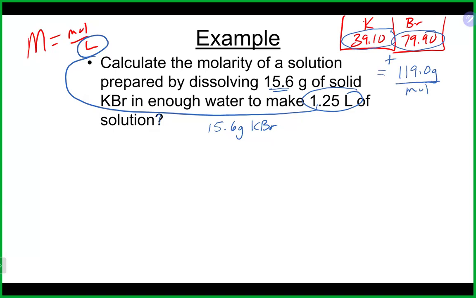Remember, it's really just a conversion factor to change units. Still going opposites cancel, grams are on top, so we need to flip this to put the grams on the bottom and the moles on top. We're still multiplying and dividing here. Grams are going to cancel, and that's going to convert our grams into moles.